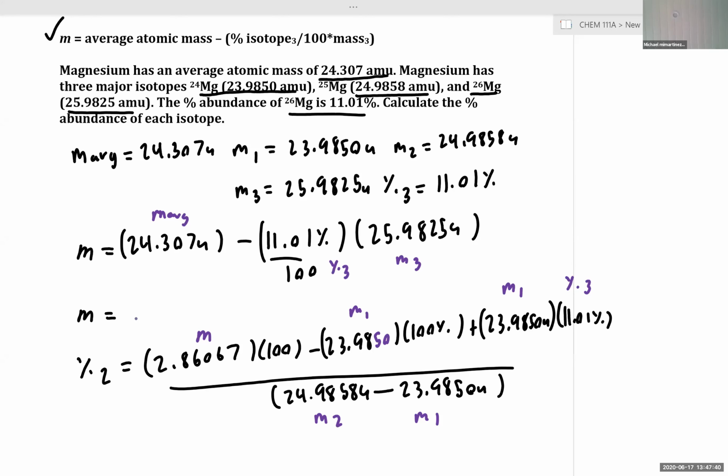So after the first step, we get negative 20, oops, we get 21.4463. There we go. And this is our adjusted mass.